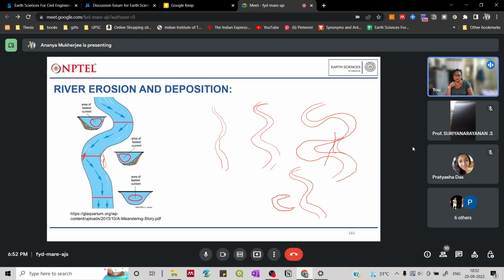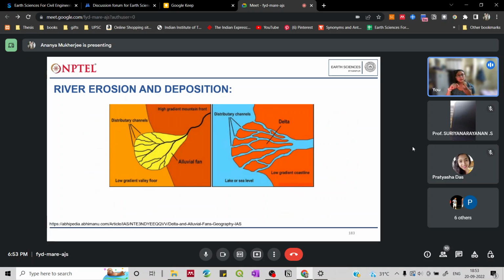This is very common in places where it was first meandering, and then this area would get cut off from the main river channel, and it will form an oxbow lake. This is also one of the features of fluvial geomorphology. Then the next thing that we come to are alluvial fans and deltas.